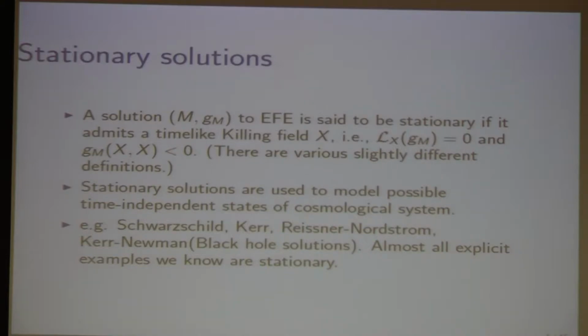And I want to say almost all explicit examples we know are actually stationary. So stationary solutions are very important, except for those solutions that start with arbitrary Cauchy data.